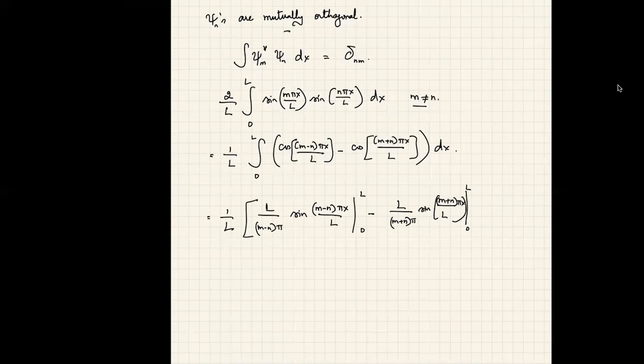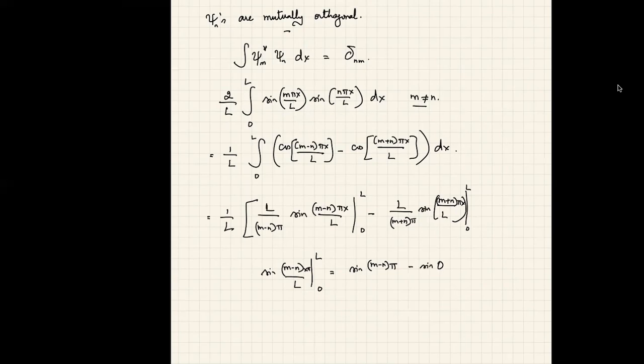Now remember that m and n are integers. So m minus n is also an integer. m plus n is also an integer. So at the upper limit, sine (m minus n) pi x over L at x equals L is sine (m minus n) pi, because L and L will cancel, minus sine 0.